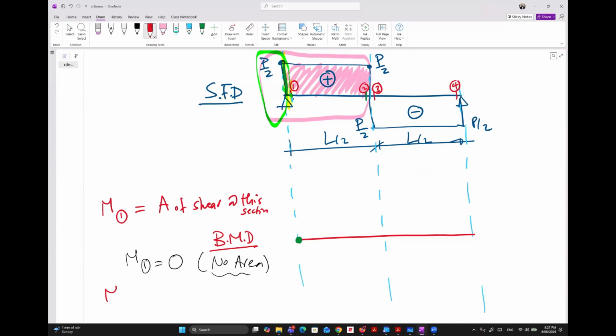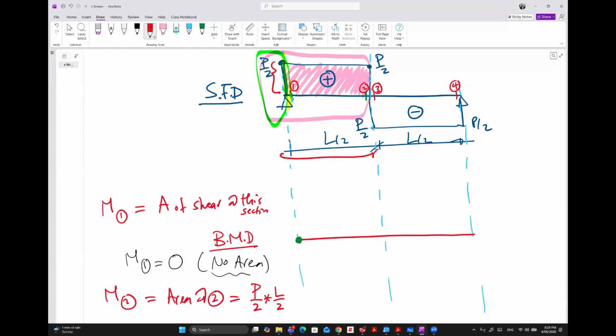So M at 2 is equal to the area of the shear at 2, which is equal to what? B over 2 multiplied by L over 2. Is that correct? So this is the height, or the width, and this is the length of the rectangle.